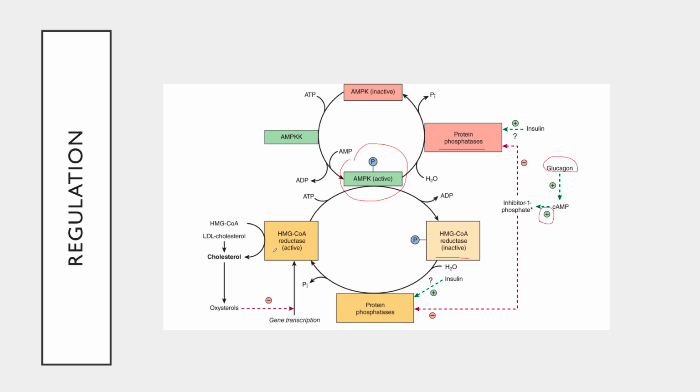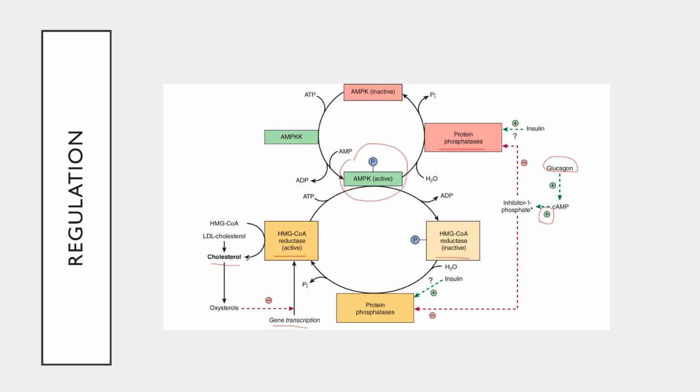We'll also note that HMG-CoA reductase is regulated at the level of gene transcription. High levels of intracellular cholesterol, either through cholesterol efflux or from synthesis, can inhibit the transcription of HMG-CoA reductase. And this is done by inhibiting the transcription factor, sterol response element binding protein.